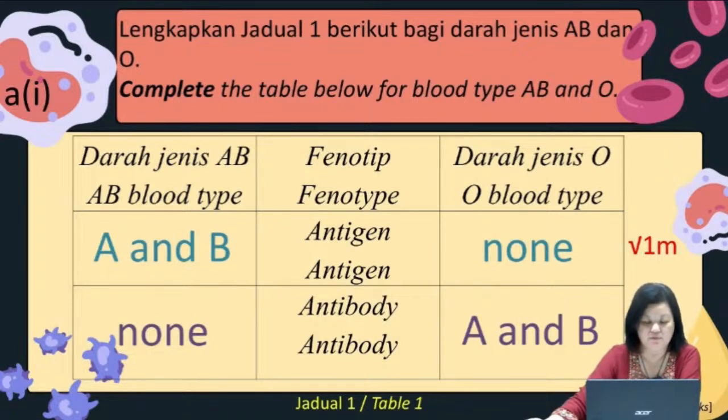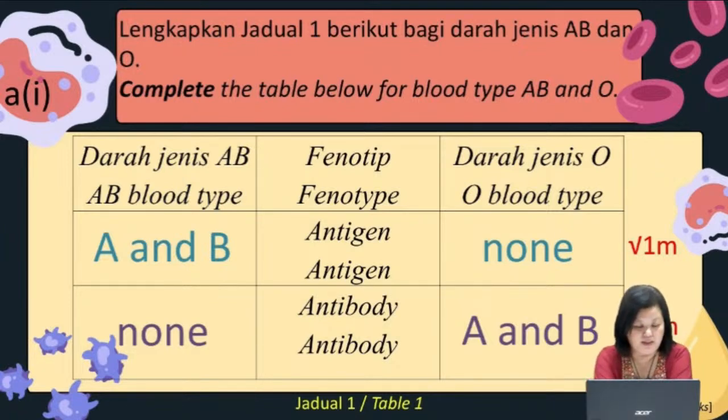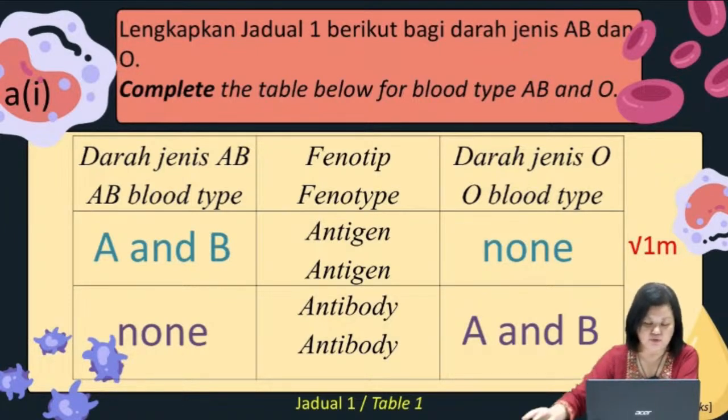The antigens found on the red blood cell for AB blood type are A and B. There is no antigen on the red blood cells of O blood type. AB blood type has no antibody in the blood serum, compared with O blood type, which has antibody A and B in the blood serum.